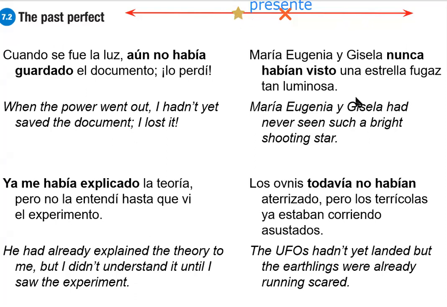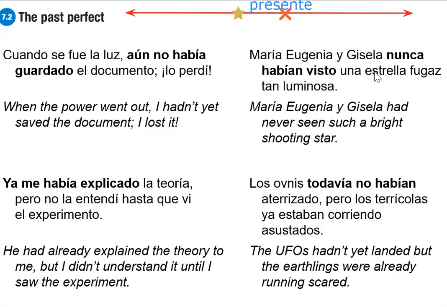We have a star here. They had never seen such a bright shooting star before some point in the past. Again, that point in the past is not mentioned here. We just know, because of the habían visto, that this happened previous to some other previous event.